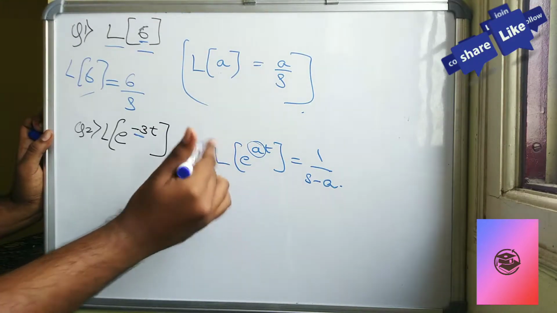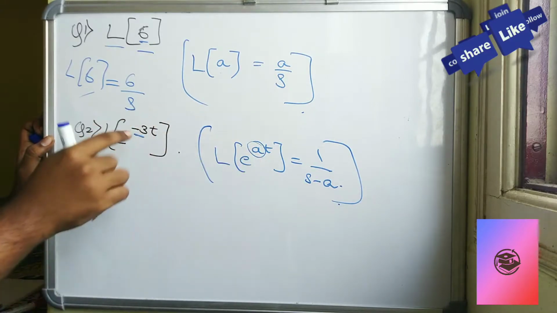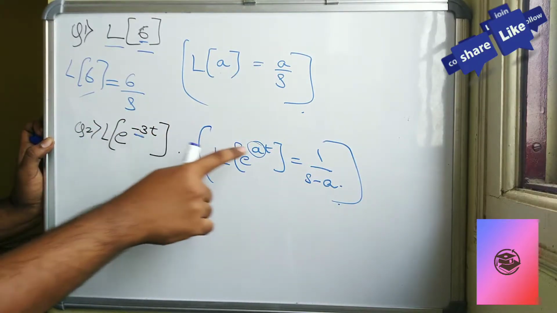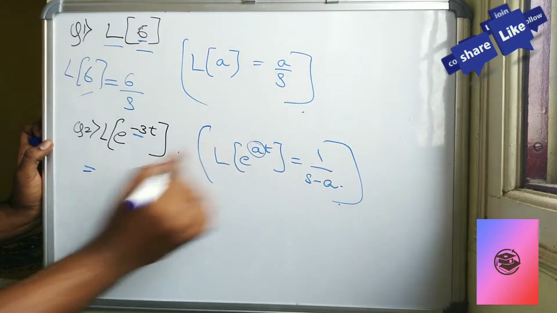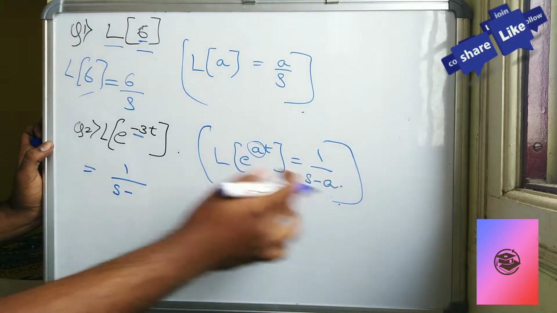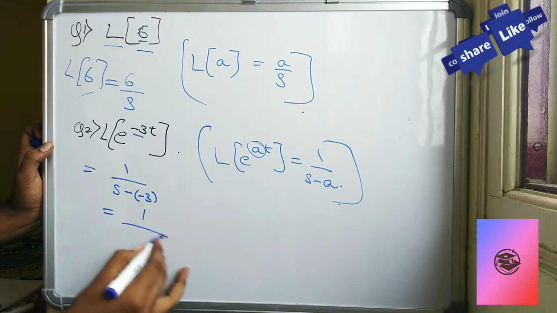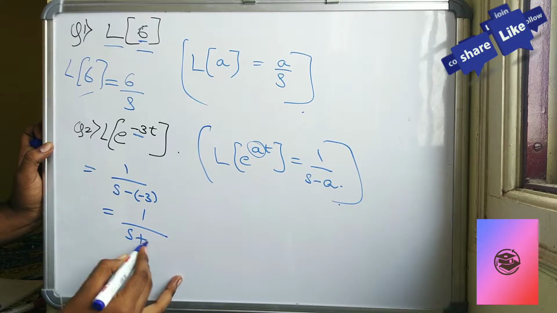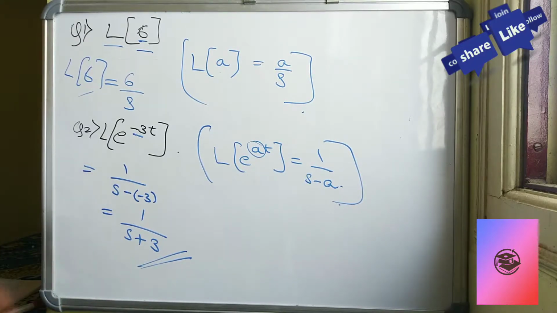Compare these two. This is a standard formula for e power at, and this a is minus 3. So the Laplace transform of this function will be 1 by s minus a. Instead of a, write minus 3, so 1 by s plus 3. This is the answer for the second question.